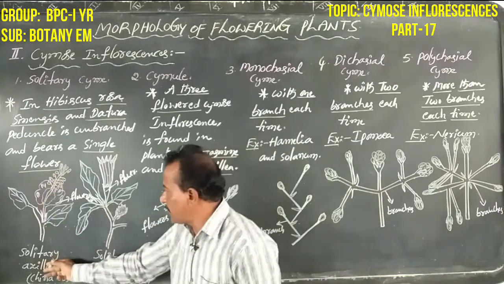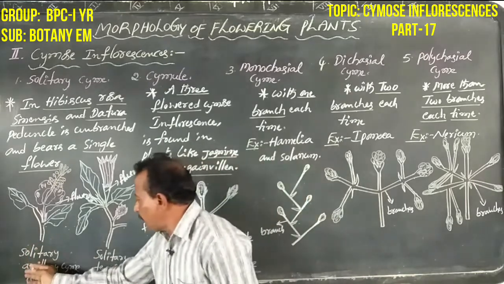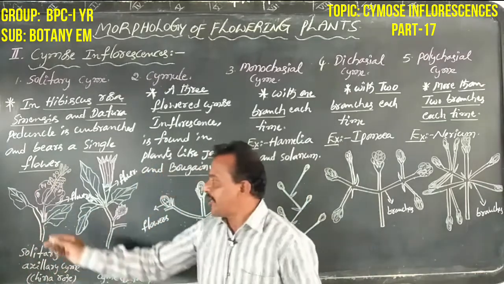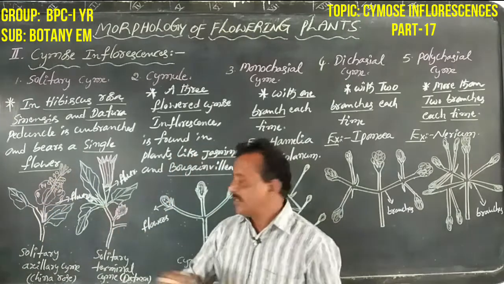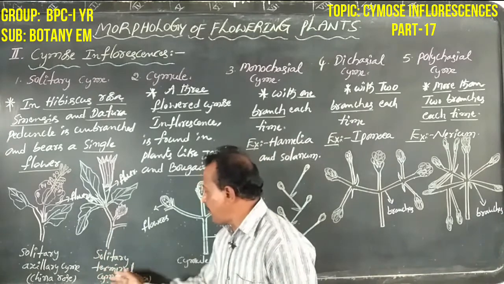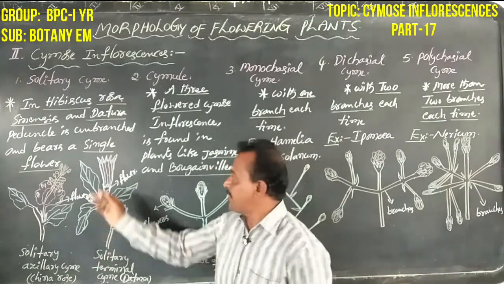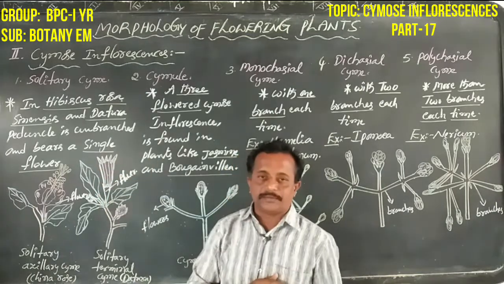This is an axillary cyme, this is a terminal cyme. Solitary axillary cyme is seen in China rose; this is a China rose flower. And solitary terminal cyme is seen in Datura; this is a terminal flower, the Datura terminating flower.